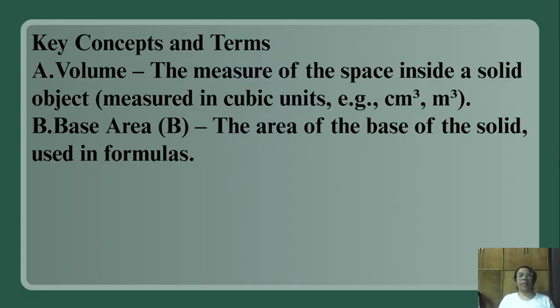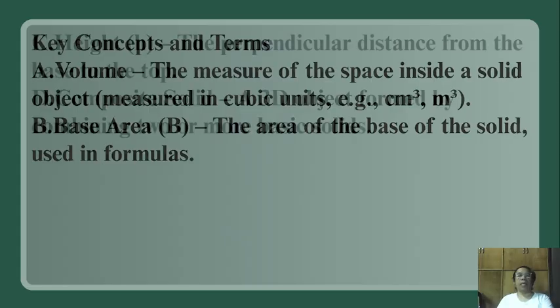Key concepts and terms. Letter A, volume: the measure of the space inside a solid object, measured in cubic units. Example: cm³, m³. And we have the base area, B: the area of the base of the solid, used in formulas.